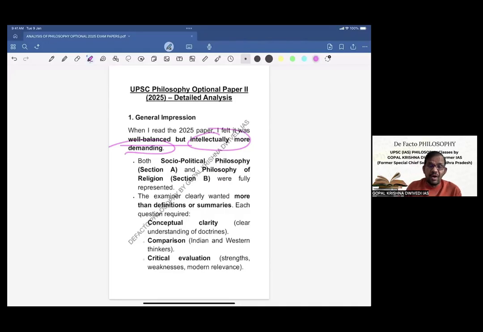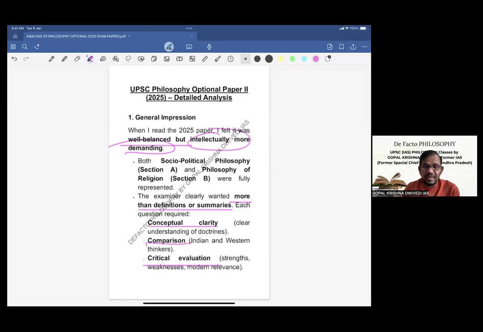But the examiner wanted more than definitions or summaries. Each question required conceptual clarity, comparison, and critical evaluation. So here again, the same thing which we saw in paper 1, a similar flavor is there in paper 2 also.